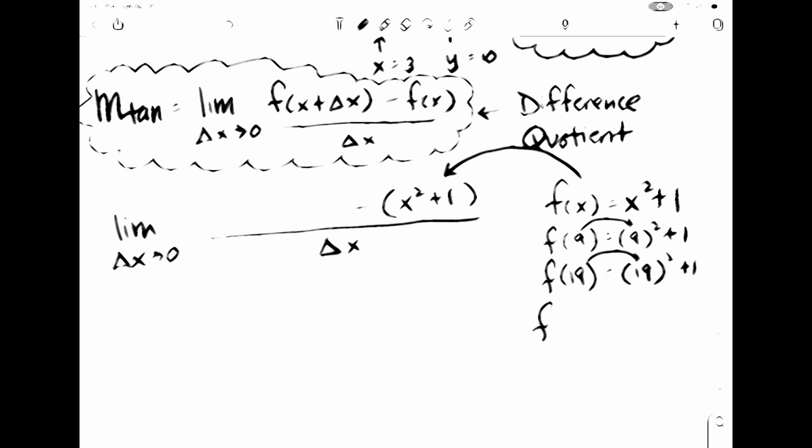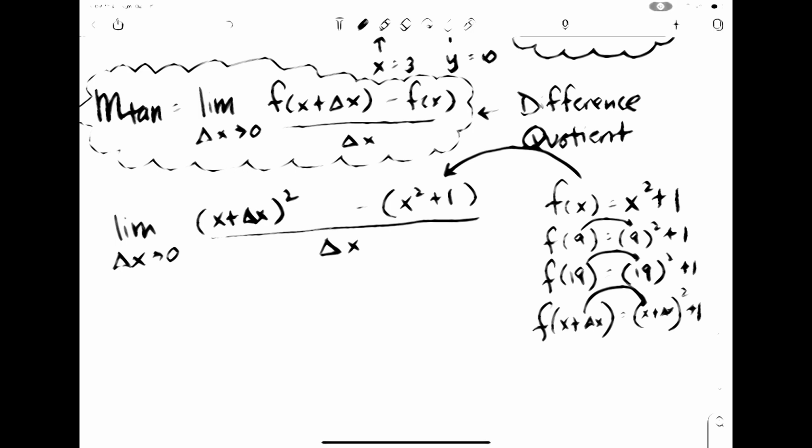So if I have f of x plus delta x, that's something squared plus 1. The pattern continues, and this is going to be x plus delta x. So I get x plus delta x squared plus 1. I must nail that. What is that?